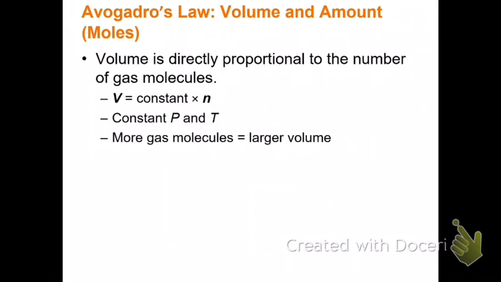So how are volume and number of moles related? So according to Avogadro's law, the volume is directly proportional to the number of gas molecules. So if you were to increase the number of gas molecules, you're also increasing the volume because the pressure and temperature have to remain constant.